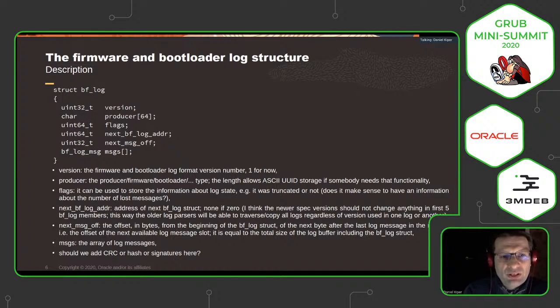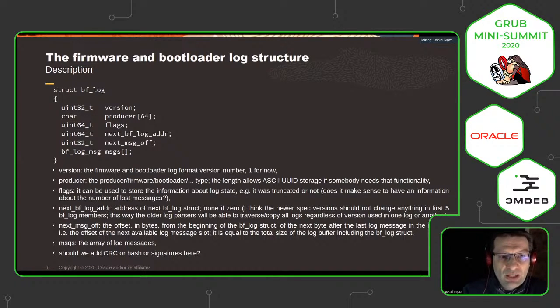Another member is a pointer to the next firmware and bootloader log structure. Why? Because I can imagine that usually we have in the platform various modules, various boot components which may produce boot logs. So, for example, firmware may produce its own log, and after that, the bootloader may produce its own log.